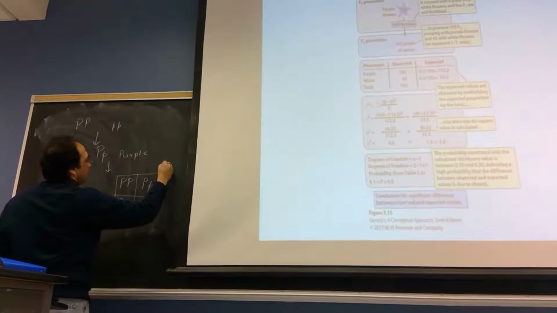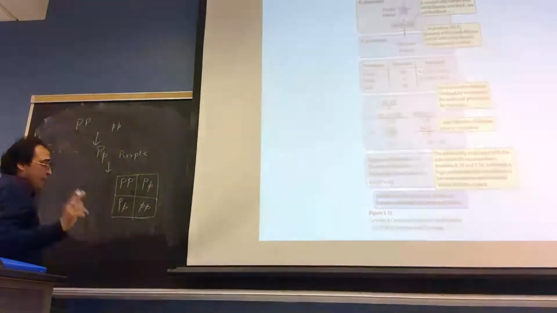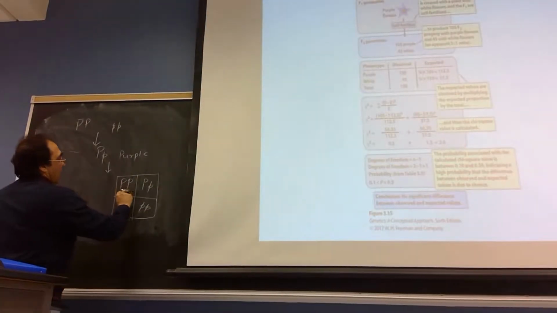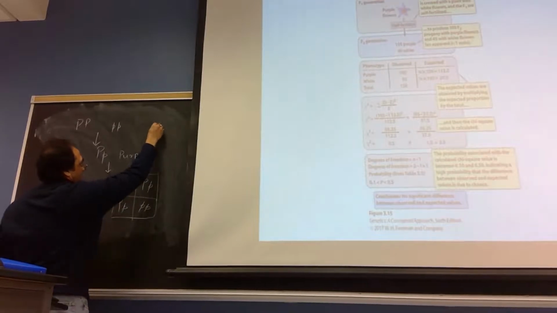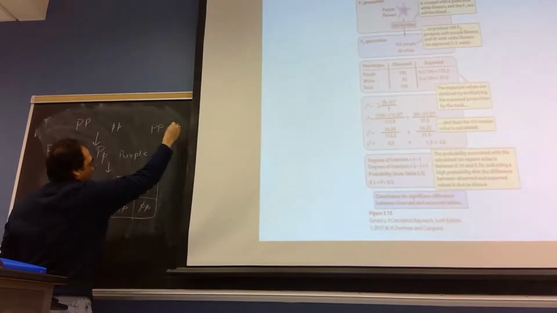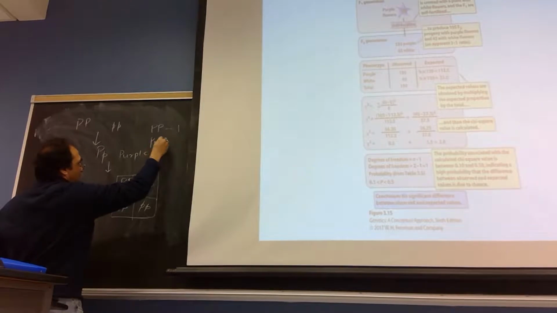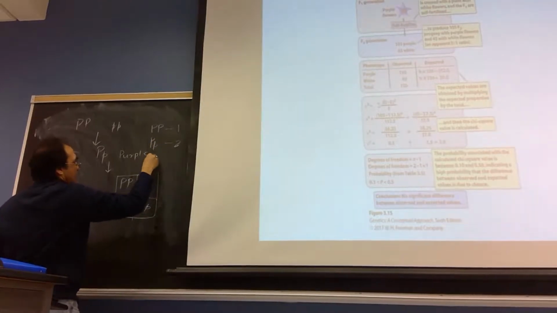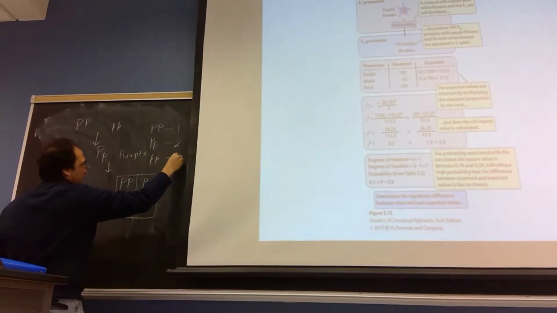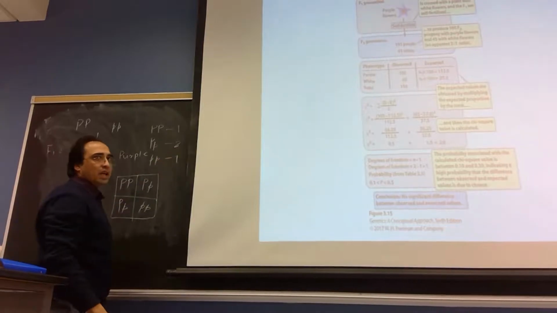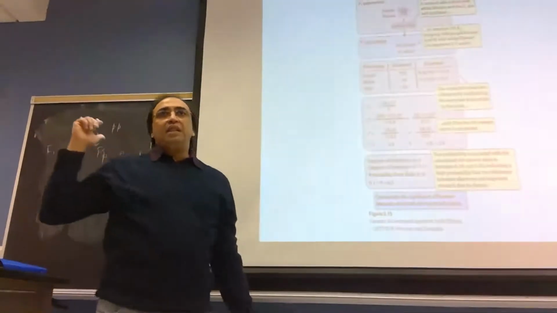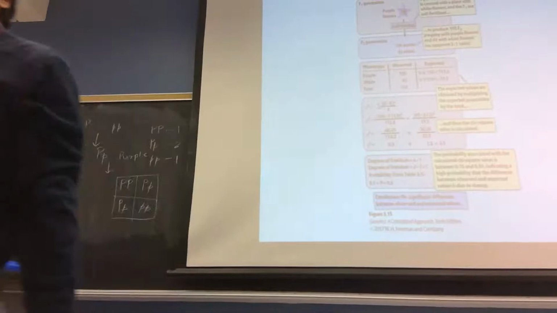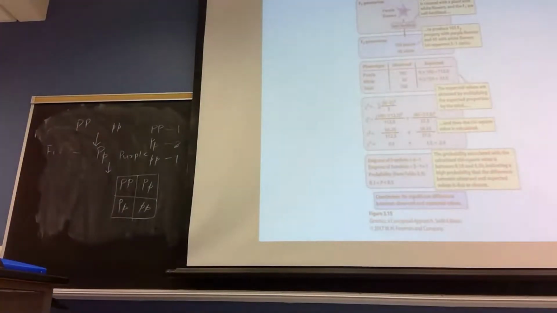So ratio between, okay, there is another thing here. If I do the ratio this way, capital P capital P is 1, capital P small p is 2, and small p small p is 1. This is called the genotypic ratio.